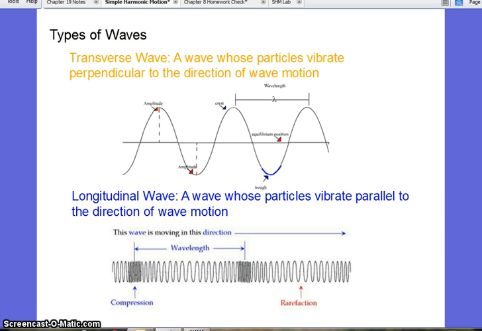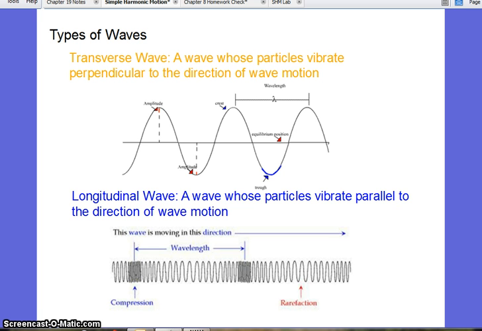So think about a slinky, where you move the slinky up and down, or a rope where you move it up and down. Although the wave travels forward, the actual rope is moving up and down. And so we refer to that as a transverse wave.